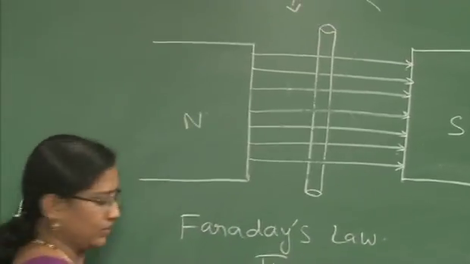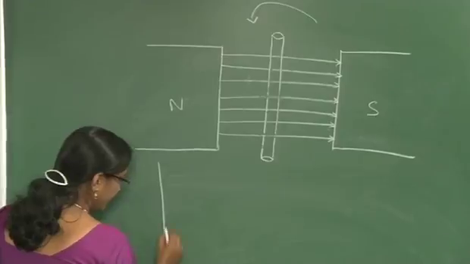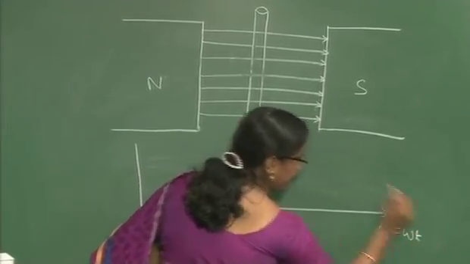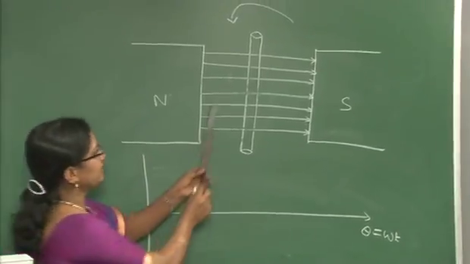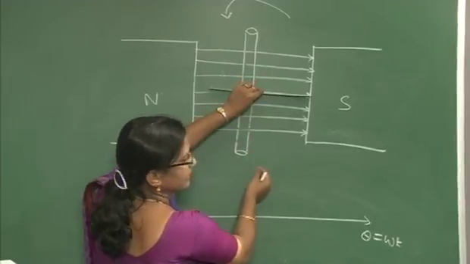So how exactly are you going to represent this? Consider theta equal to omega t, where theta is the angle between the relative motion of the conductor and the magnetic lines.